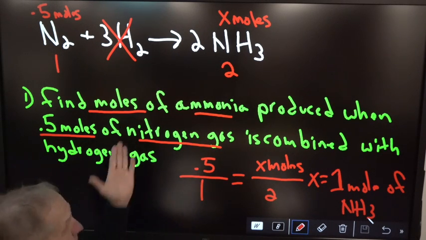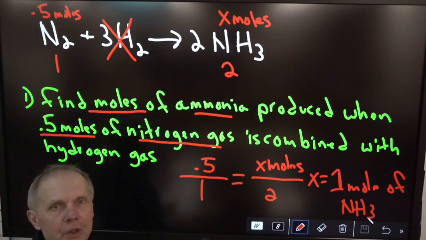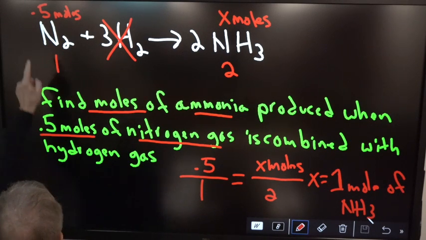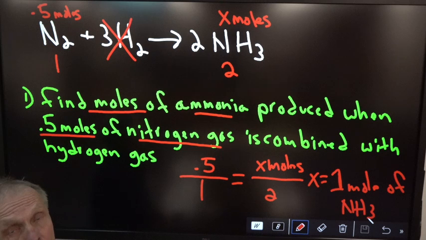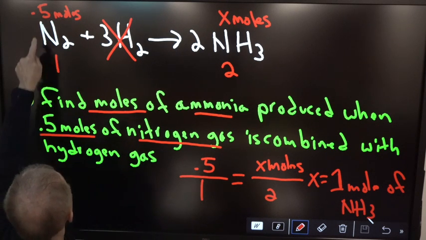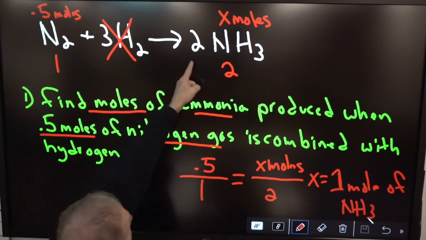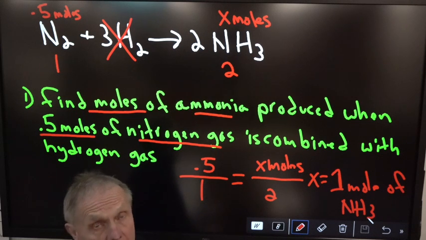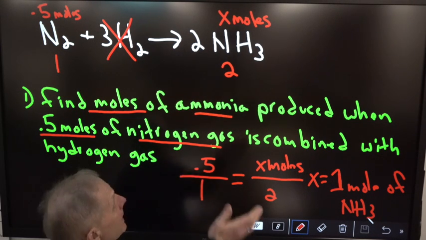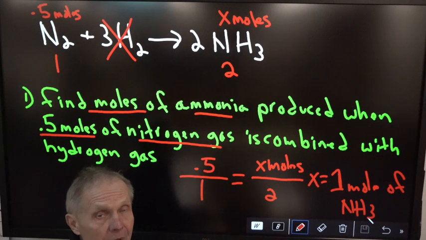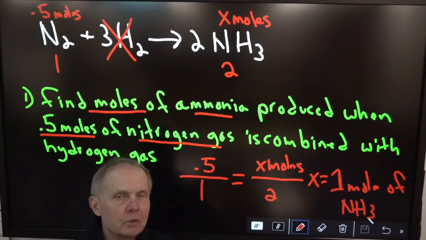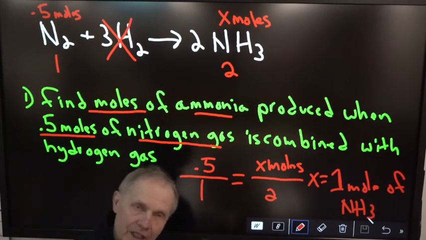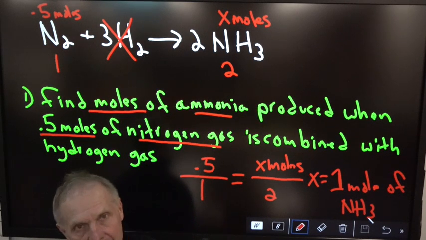But this one you could do without any ratio at all because watch. The given is 1 mole of N2. But if I cut that in half there, then that's going to be cut in half, so that goes to 1. So that's why I like this ratio thing. But remember, mole to mole is absolutely the easiest because you don't have to get into moles and you don't have to get out of moles.